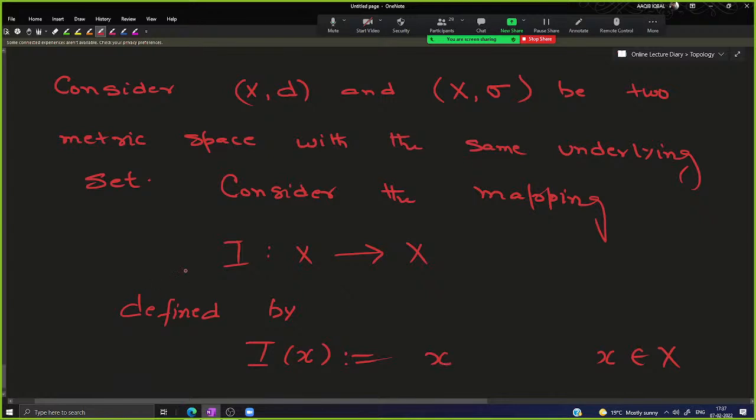Now if that be the case, that means if the mapping is defined in this way, then which mapping does this become?